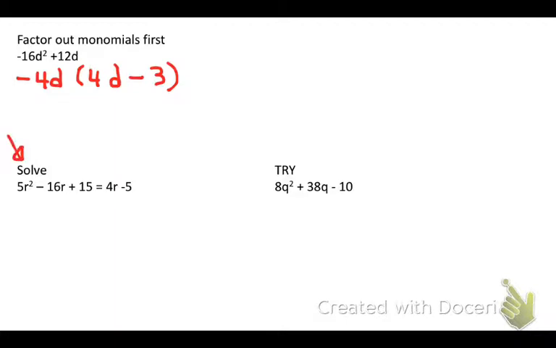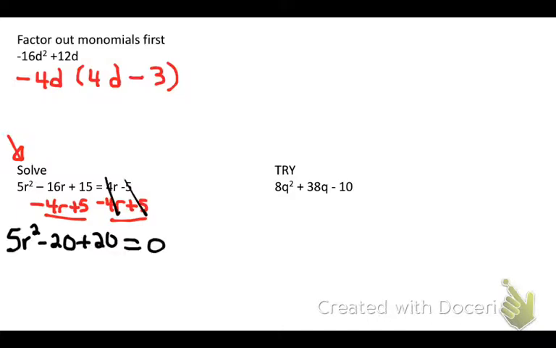Next, we have a solve. So we need to collect our terms on one side. So I'm going to subtract 4r and add 5 to both sides. Next, we're going to simplify this just a little bit by dividing every single term by 5, and then we'll go ahead and factor.